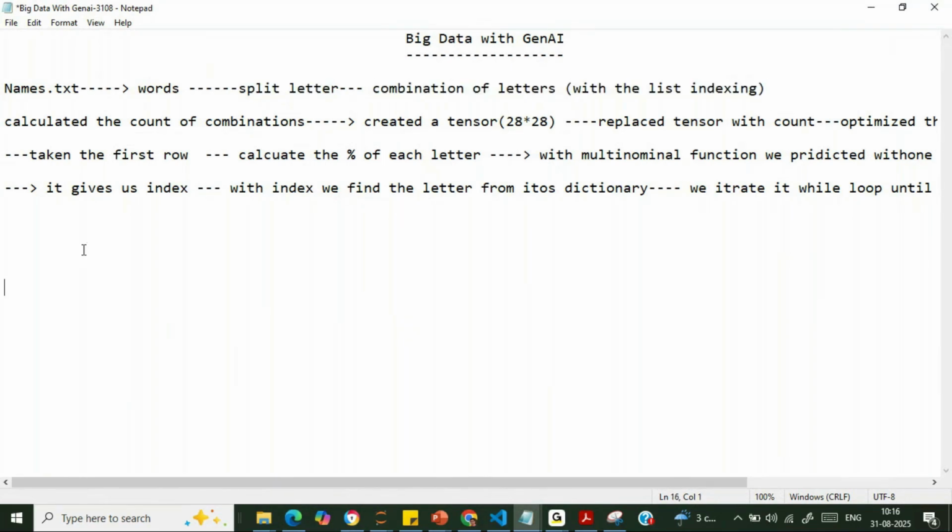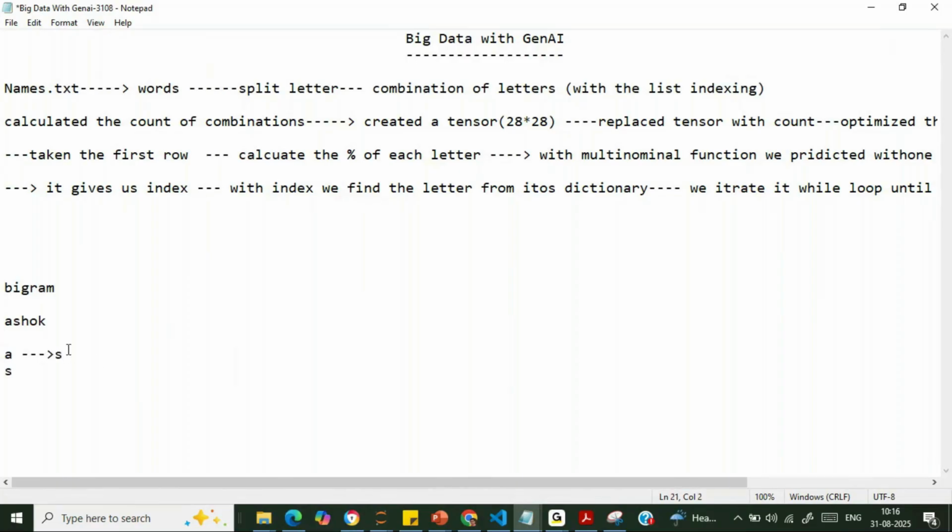Basically this bigram language model, what it will do: say my name is Ashok, and if I'm providing a, the model will be able to predict s as the next character.